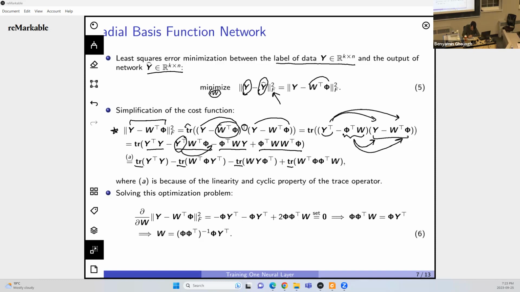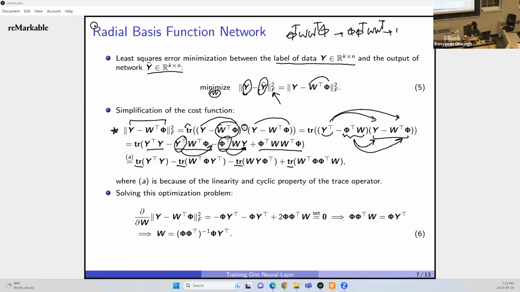Also here, I bring this to the right-hand side. What about this one? For this, I need to do the cyclic property twice. So phi transpose W W transpose phi becomes phi transpose W W transpose, then becomes W transpose phi phi transpose W. Agreed? So I will have this.